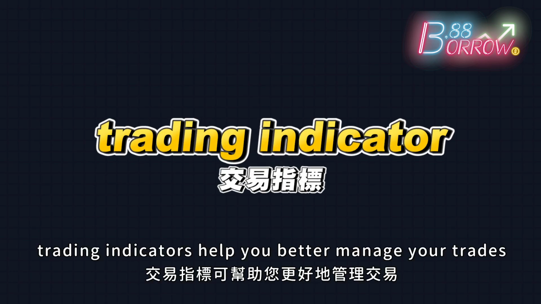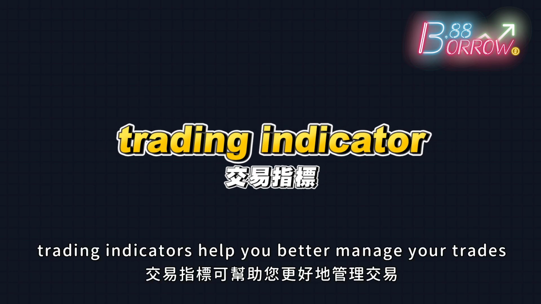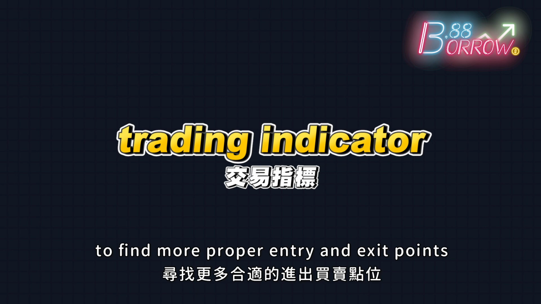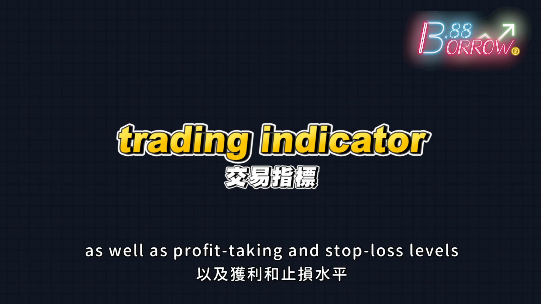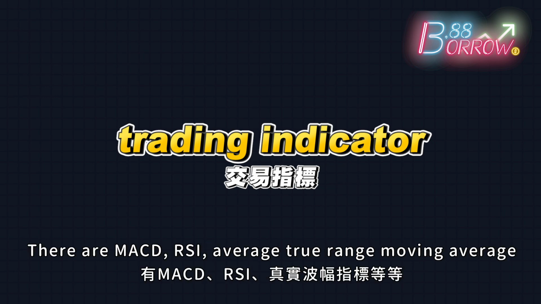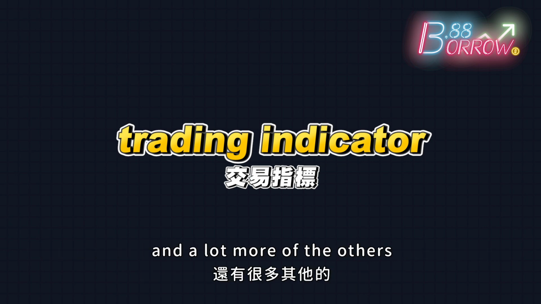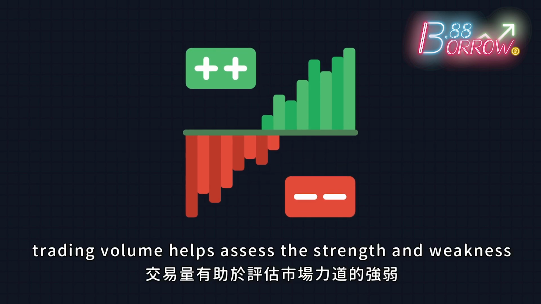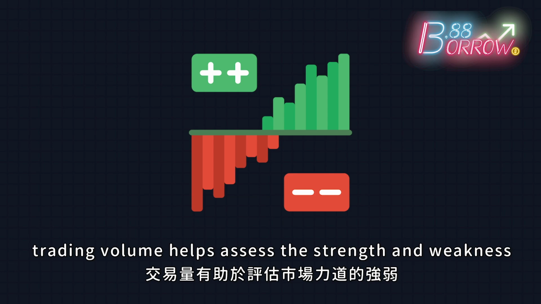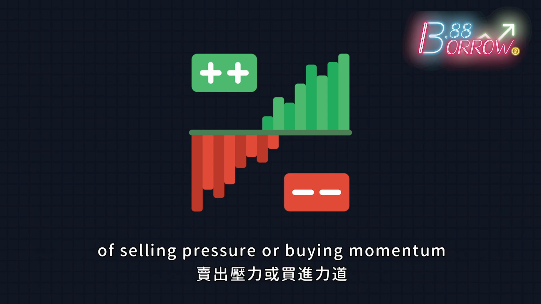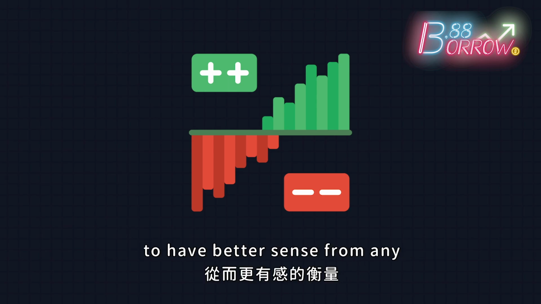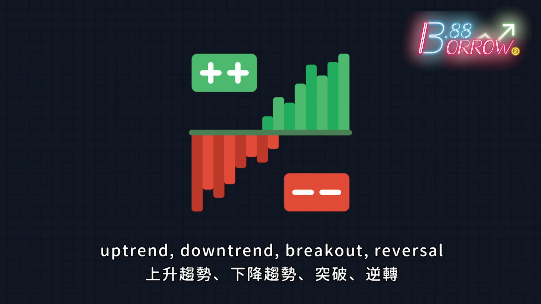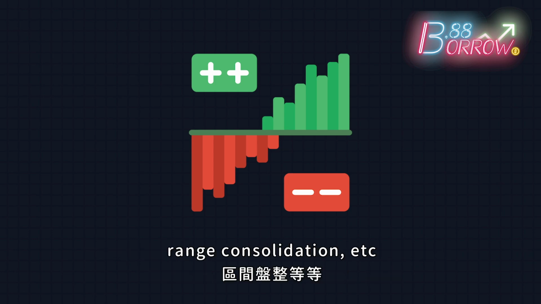Number 3, trading indicators help you better manage your trades to find more proper entry and exit points, as well as profit taking and stop loss levels. There are MACD, RSI, average true range, moving average, and a lot more from the others. Number 4, trading volume helps assess the strength and weakness of selling pressure or buying momentum to have a better stance from any uptrend, downtrend, breakout, reversal, range consolidation, etc.